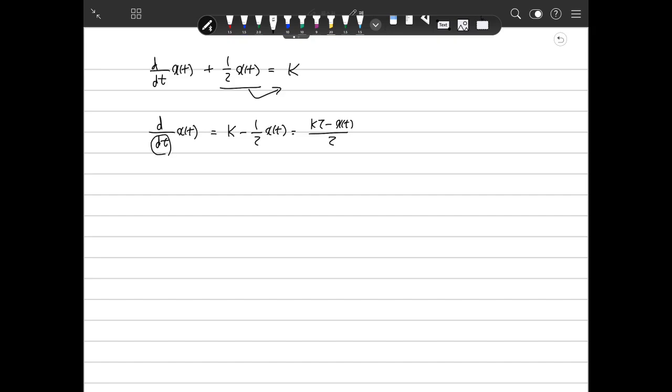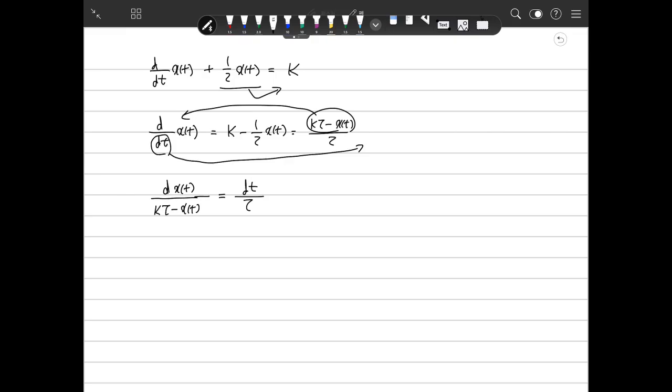Then we move this here and that there. So what should we do? Then k tau minus x(t), and dx(t) is the same as dt over tau.